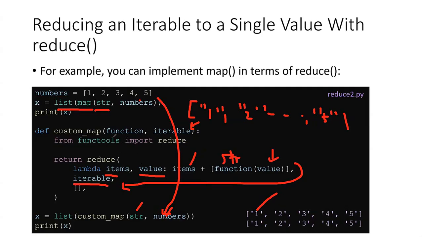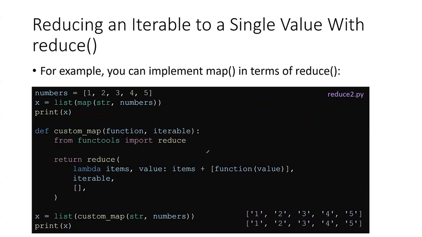And the function is a lambda function. This is str. str will be applied to it. Okay. So you reduce that to the numbers, and then make it a list one more time. So eventually you will also get the same thing. Okay. A little bit complicated, but anyway, just doing some mental exercise.